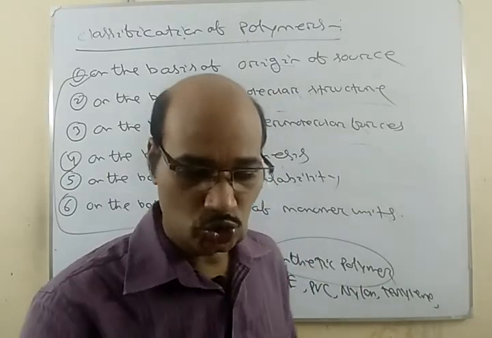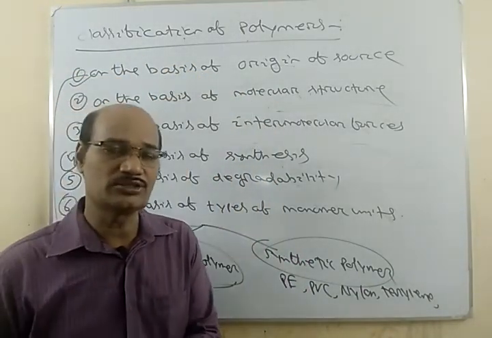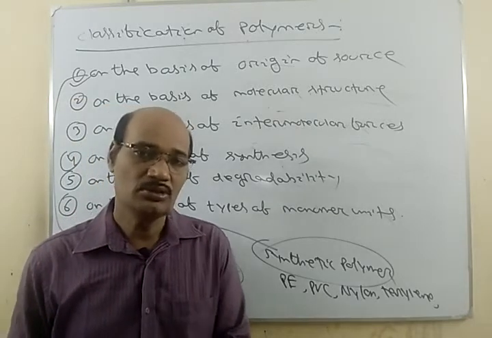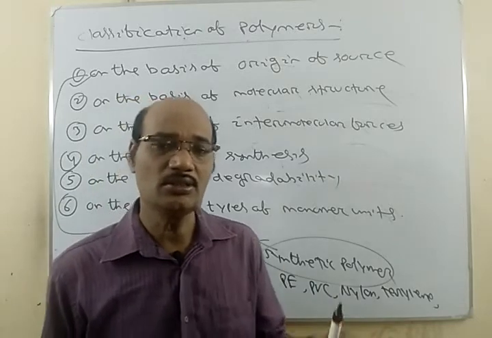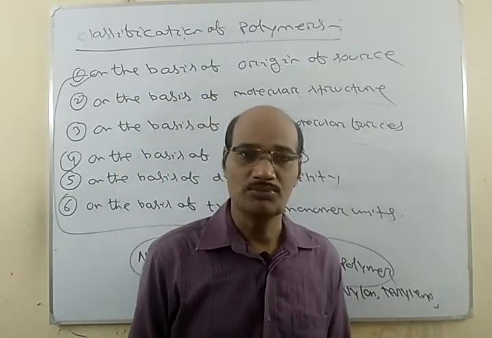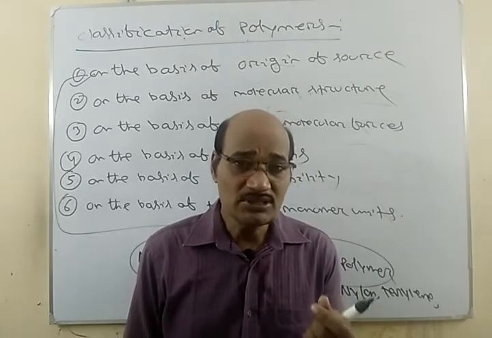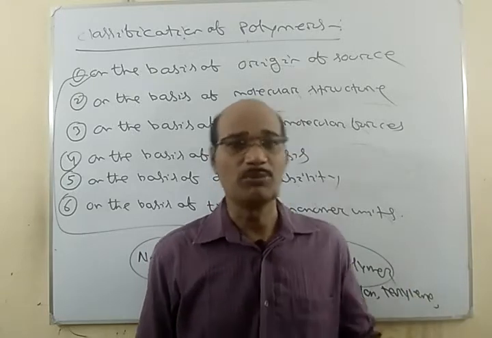Okay, so those polymers which we are finding in nature, that is in plants or animals, are called natural polymers. And those polymers which we are synthesizing in the laboratory or manufacturing in the industry are called synthetic polymers. The synthetic polymers we have developed to meet the need of the people.